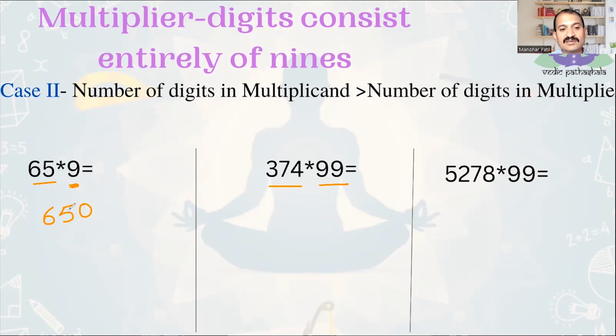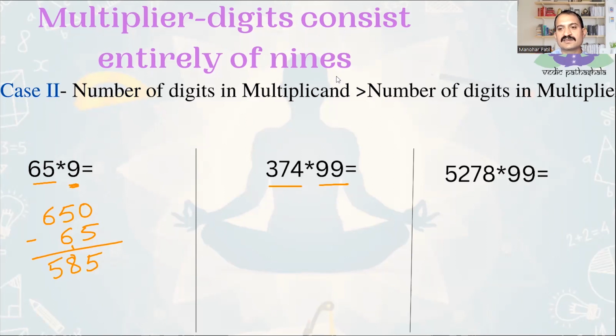Then subtract the original multiplicand, that is 65, and then whatever you get the answer is for multiplication. 10 minus 5, 5. Then this becomes 5. 15 minus 7, 8, and then this becomes 5. So 585. Okay.